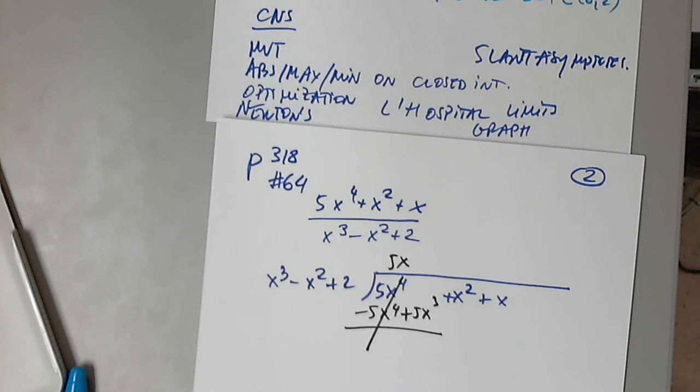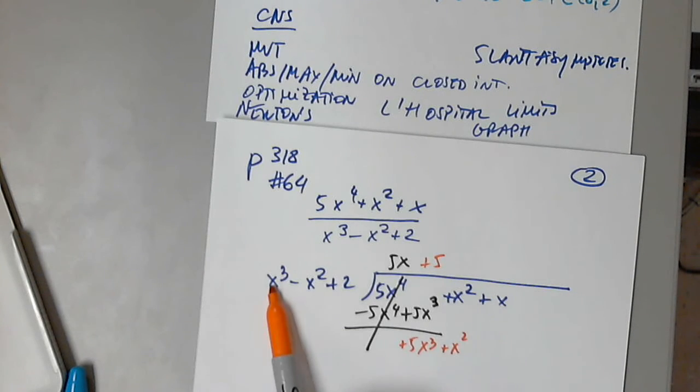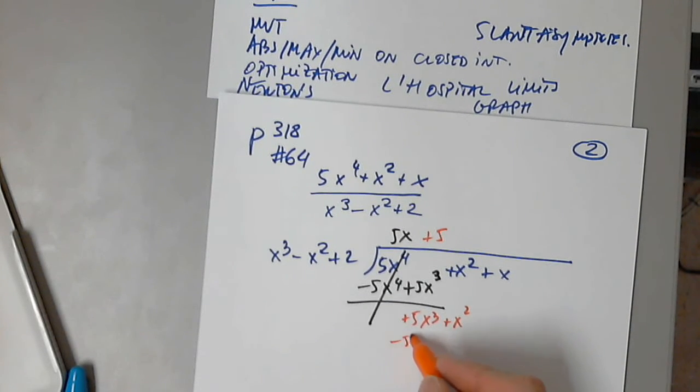And I cannot put it under anything above because I don't have a like term with x cubed. I bring down 5x cubed, of course, and plus x squared. Sorry about that. So 5 times x cubed is 5x cubed. Subtract. Why didn't we distribute the 2 with the 5x? Oh, my mind is not here.